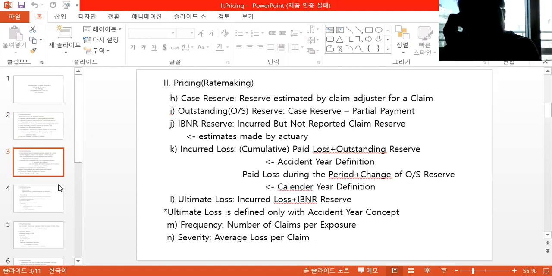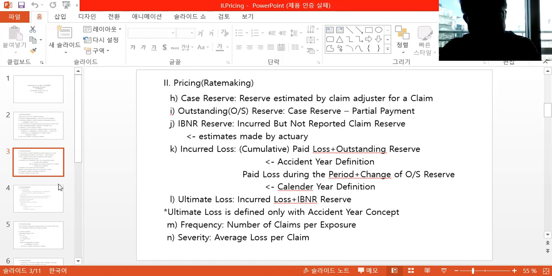That's the incurred but not reported claim reserve, which is usually estimated by an actuary. That is one of the important concepts in actuarial reserving analysis. We're going to discuss it in the next chapter, next session.